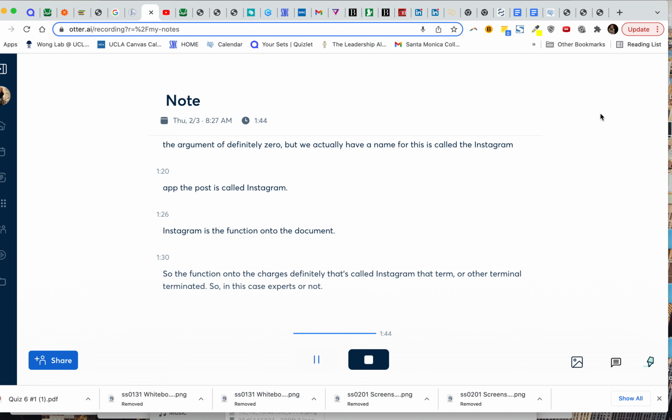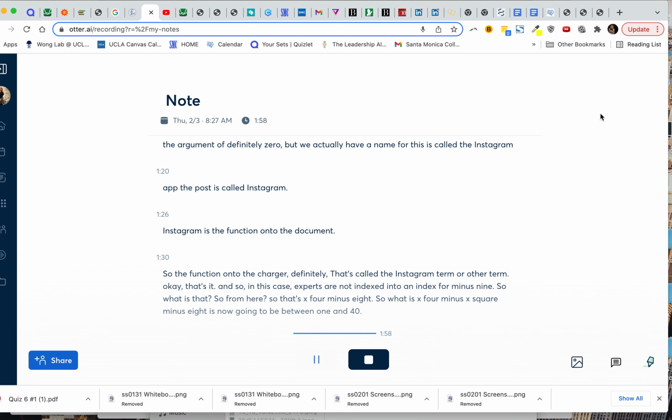So in our case, the integrand is x squared minus 8. So what is x squared minus 8? It is going to be between 1 and 41. It's not hard to see that x squared minus 8 is between 1 and 41.